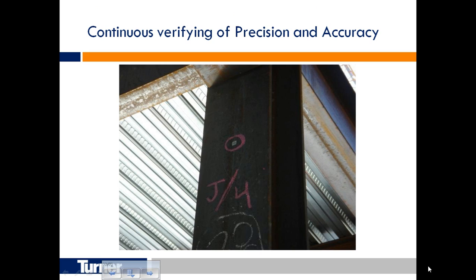Again, back to our coordinates and tying these electrons to the atoms, you can see basically a reflective target, and we continually monitor pieces as they go in, check them back versus the model electronically, and instead of having our QC after the fact, we're QCing as we're going, which again increases our quality and cuts down on rework.